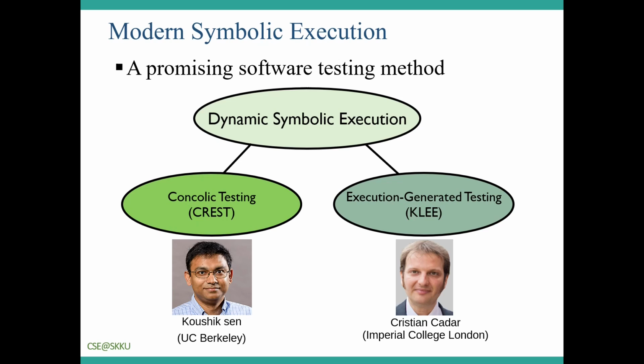Both are considered dynamic symbolic execution techniques because they combine concrete execution with symbolic execution. However, the way they operate internally is slightly different. And don't worry, we will cover how each method works in detail.